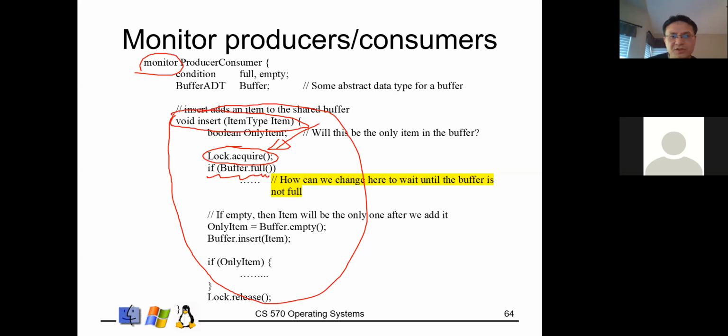Then what are you going to do? At this point, you may want to just block the process, or the thread, wanting to insert this item to the buffer. But inside the critical section, if you block the thread or process trying to access the shared data here, and then put this thread or process to sleep, then what would be a problem here?